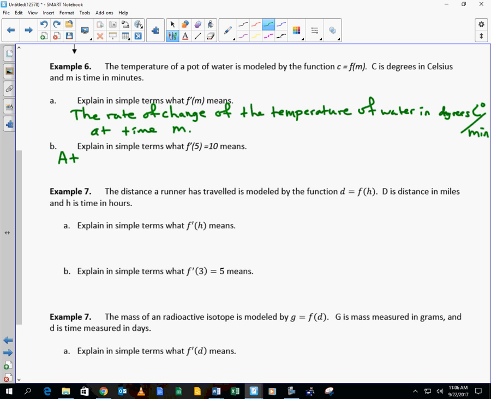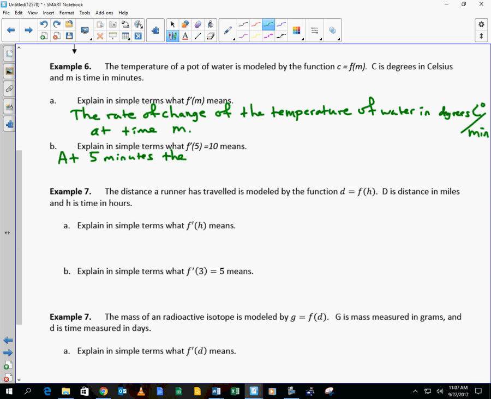Is this the time or is this the temp? This is the time, right? So at 5 minutes, the temperature of the water is changing. At what rate? Is the temperature going up or is it going down? It's going up. How quickly?